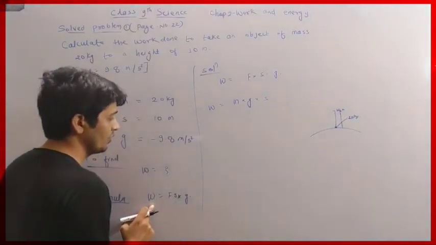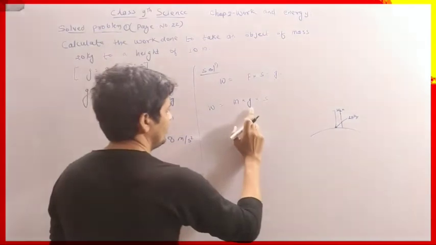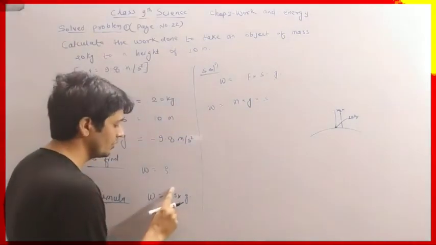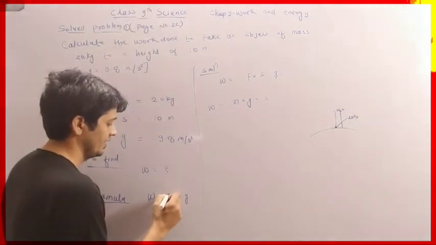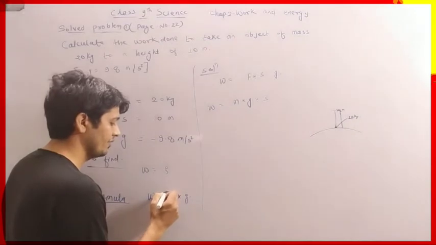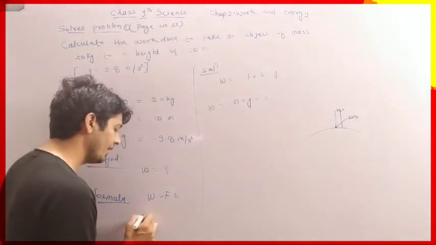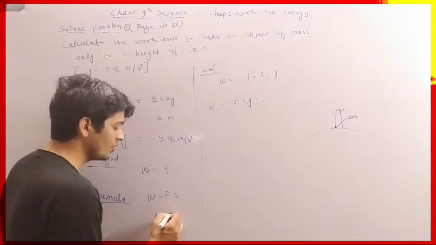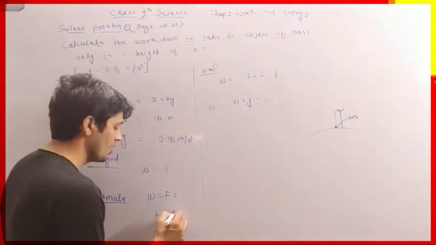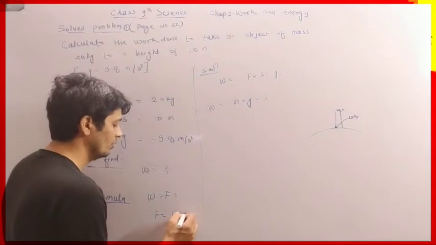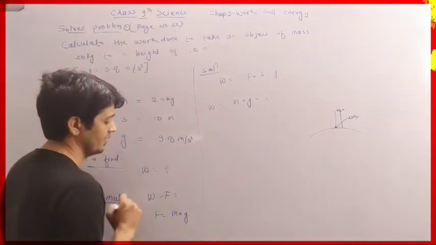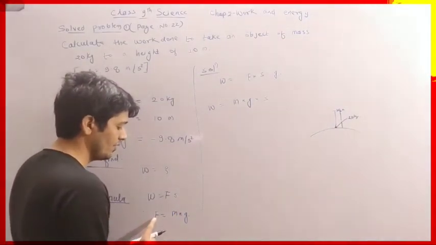So we can write F into S, and F equals mass into gravity. So the value of F is mg.